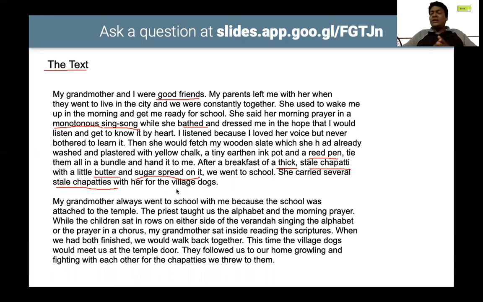And the writer and his grandmother were constantly staying together in the village, right? So the writer's grandmother used to do all these daily activities, making the writer ready for everything, right?